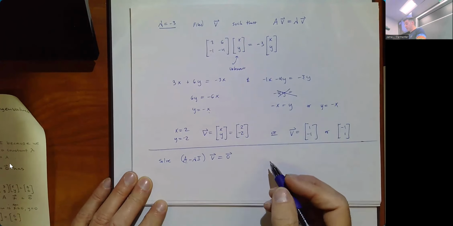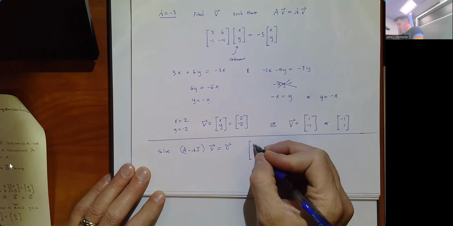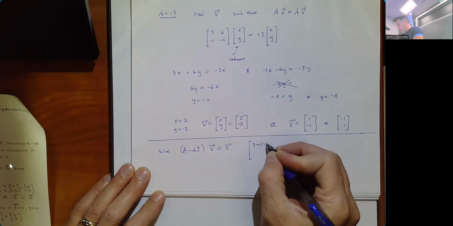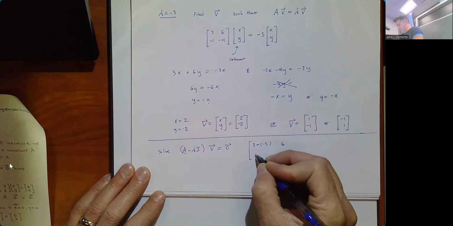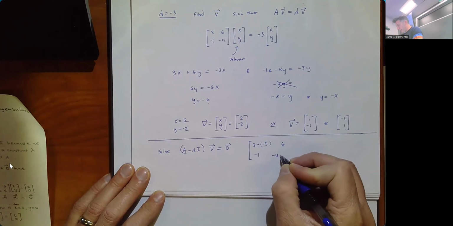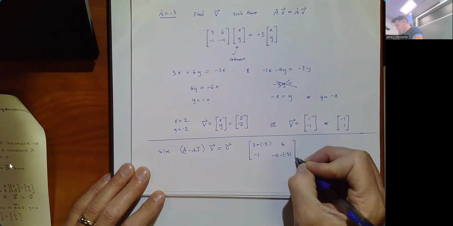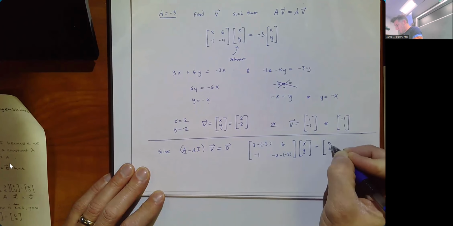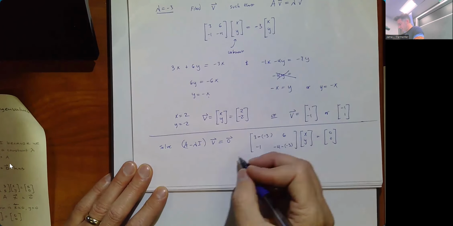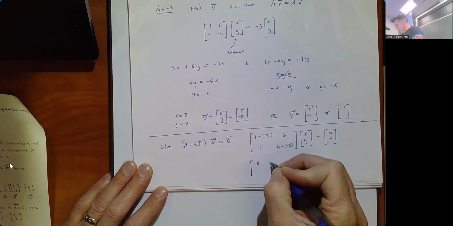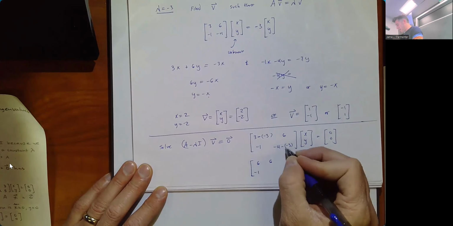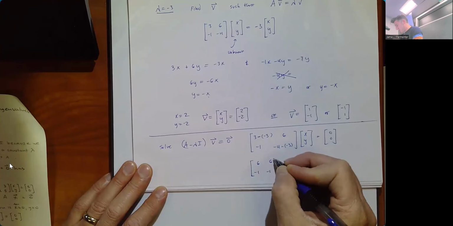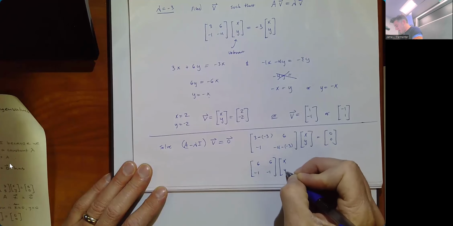If I wrote it that way instead, I would do (3 minus negative 3, 6; negative 1, negative 4 minus negative 3) times (x, y) equal to (0, 0). Check this out just for a second here. I'm going to simplify this. I've got (6, 6; negative 1, negative 4 plus 3, which is negative 1) times (x, y) equal to (0, 0).